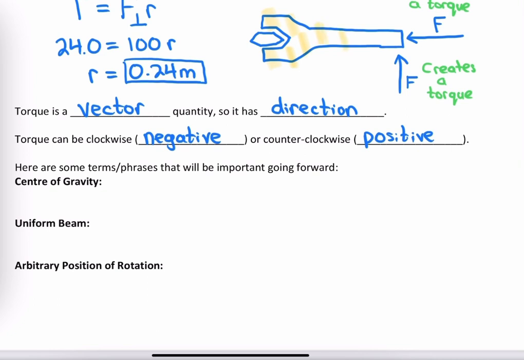Every single atom you can imagine in this wrench has gravity pulling down on it. But rather than drawing a million little Fg arrows going down, we tend to just draw one at the middle of the object, the average place where gravity will act.